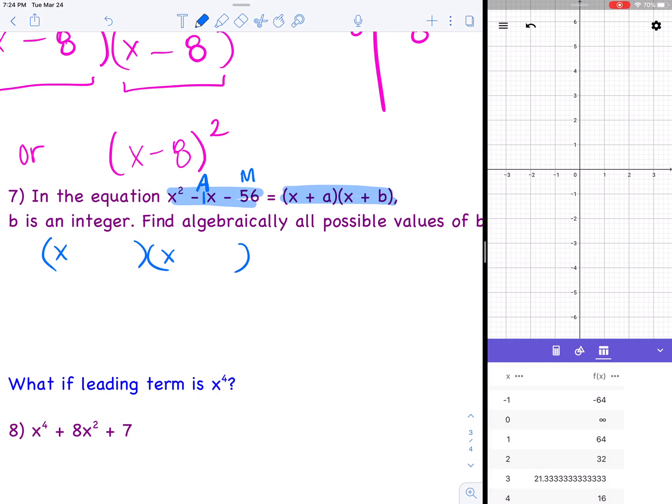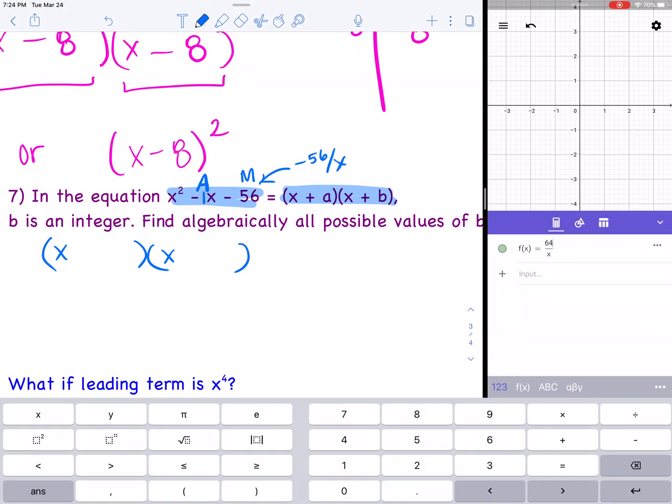So by the way, if there was a plus sign in front of that x, it would be positive 1. So now we need all the numbers that multiply to negative 56. So in the calculator, I'll put negative 56 divided by x to get all the factors. And if this time I do it correct, I won't have to delete out. Negative 56 divided by x, okay?